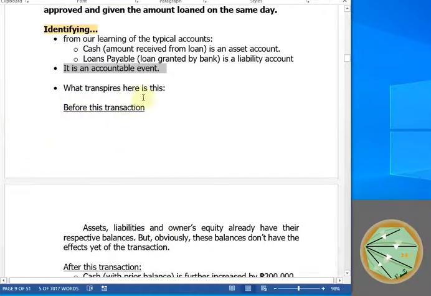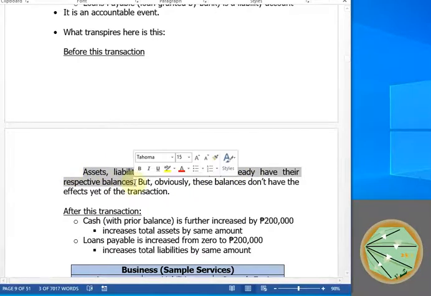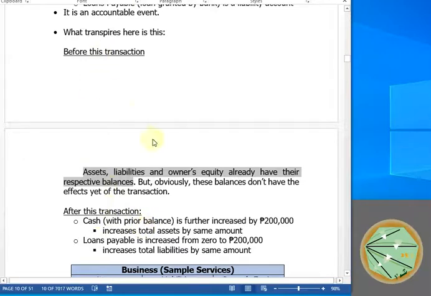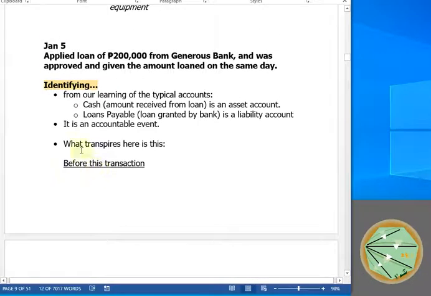What transpires here? Before the transaction, the assets, liabilities, and owner's equity already have their respective balances because we already have prior transactions, right? But obviously, these balances don't have the effects yet of this transaction. Those balances did not include the loan and the cash that was received.